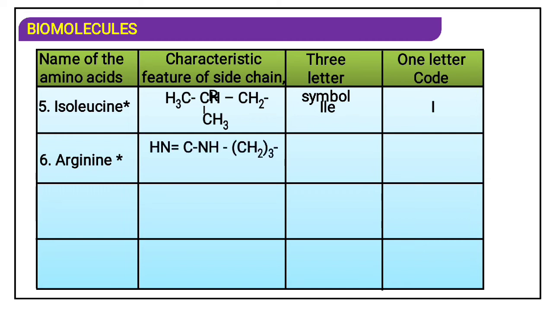And keep in mind that an amino acid having this star type of representation is called an essential amino acid. Where there is no star mark, we call it a non-essential amino acid.